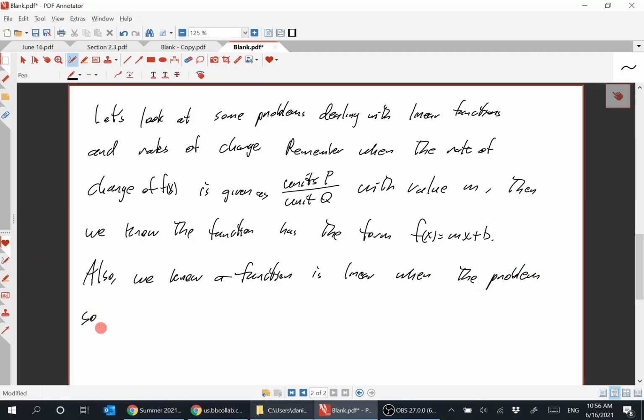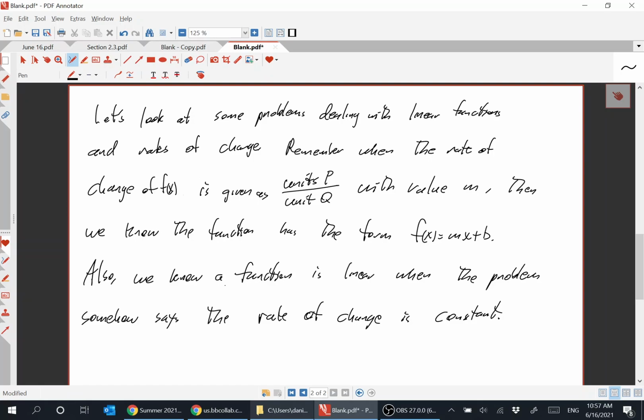So when the problem somehow says the rate of change is constant, so you're driving at a constant speed of 35 miles per hour, or water is running out of a hose at 2 gallons per minute, right? If that rate of change is stated in some way, implying that it's constant, then you're dealing with a linear function. If a rate of change actually changes, then it's not going to be a linear function.